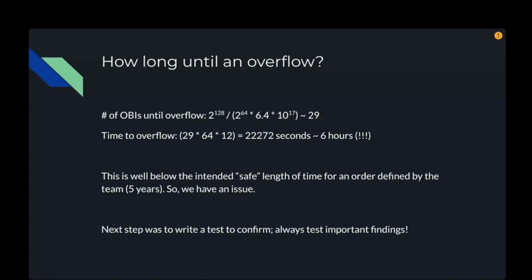We can calculate exactly how many order block intervals we need to overflow, and that turns out to be about 29. So how long is that? Well, 29 intervals of 64 blocks, at 12 seconds per block, is about 6 hours, which is a really short time. This is well below the intended safe length of time for an order, which was supposed to be 5 years. So that's an issue.